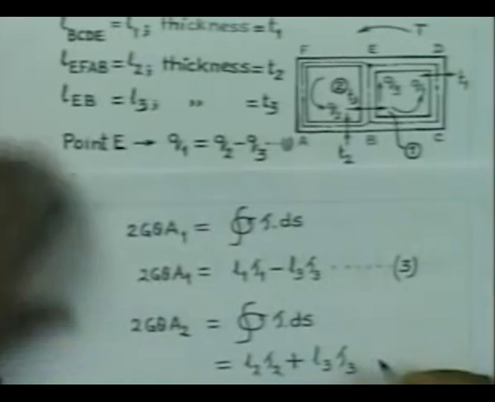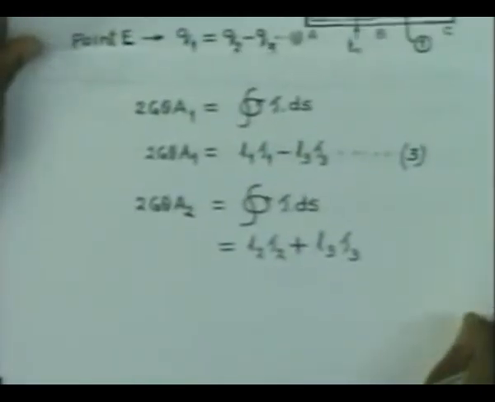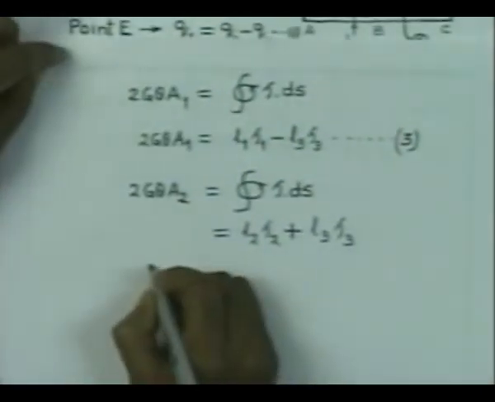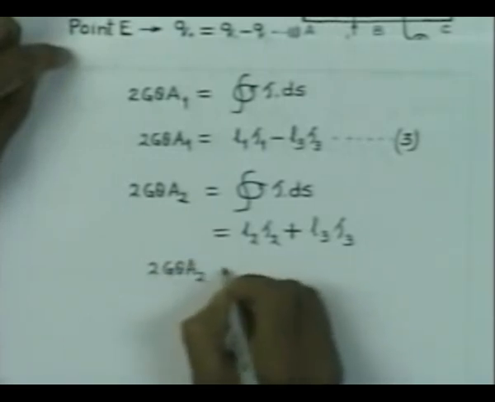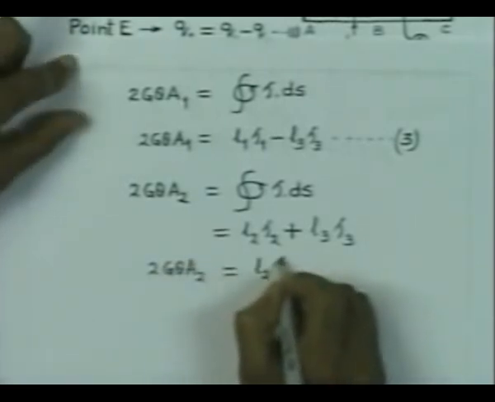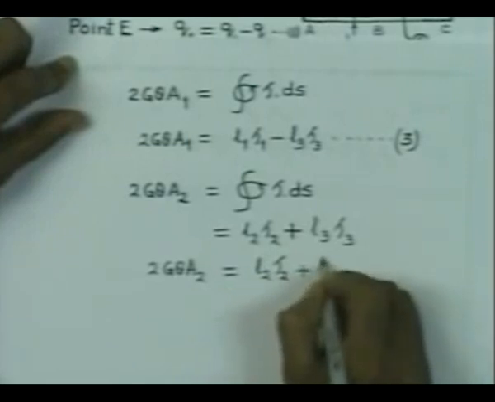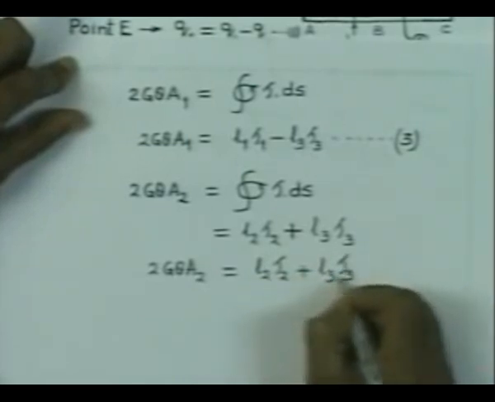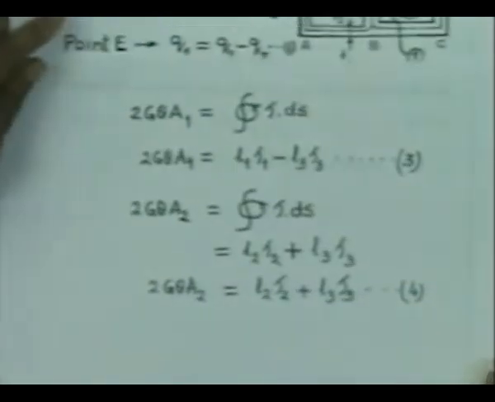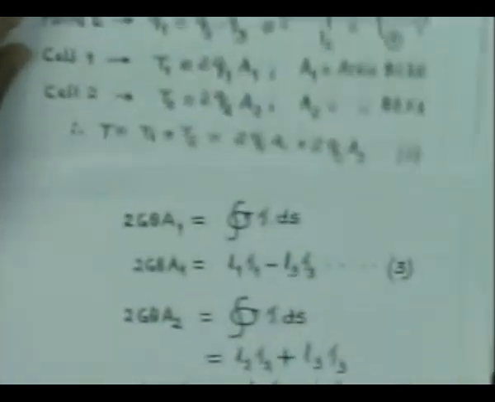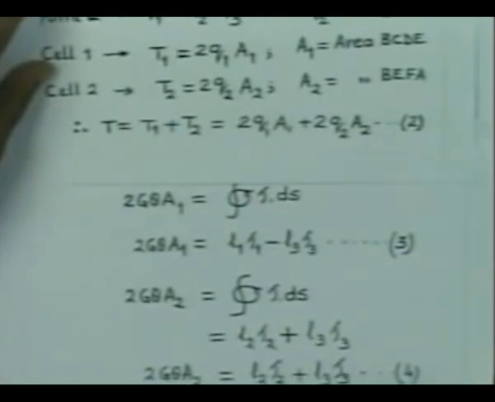So, the relationship we have got is 2G theta A2 is equal to L2 tau 2 plus L3 tau 3. This is number 4. To sum up, from this derivation we have got the 4 relationships.